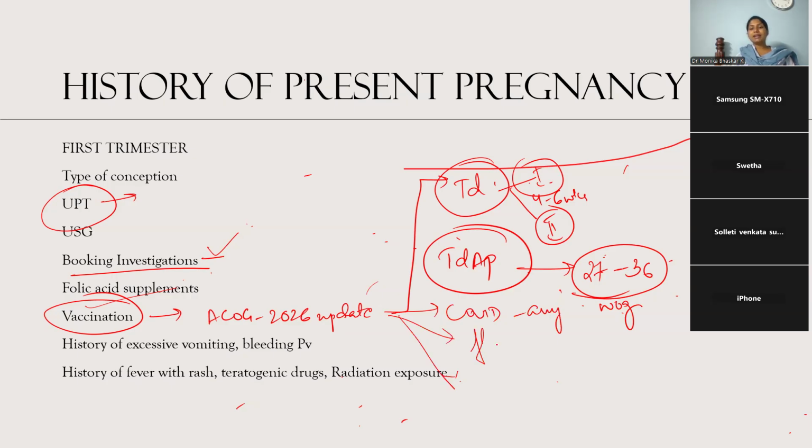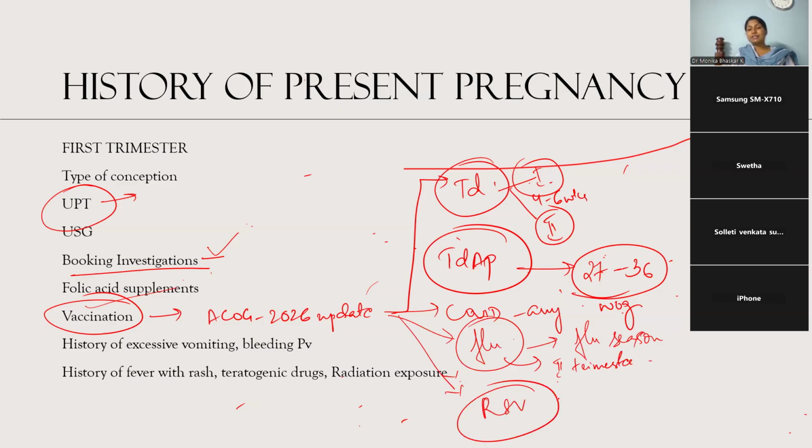The third important vaccine is the influenza or flu vaccine, especially in the flu season, the fall season, usually September to November. It can be given, preferably in the second trimester. And the last one is the respiratory syncytial virus vaccine, especially if the pregnancy is falling between September to November.